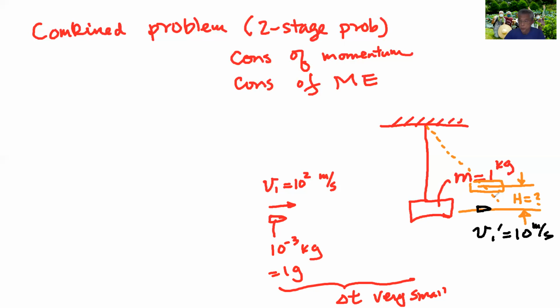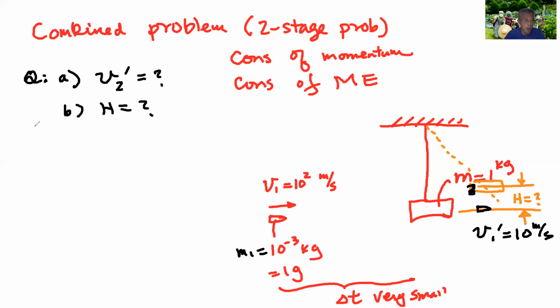But the other thing you're asking for: let's call this one M2 and this one M1. So what is V2 prime equal to? And then what is h equal to? So that's the question. So how do we formulate this problem?